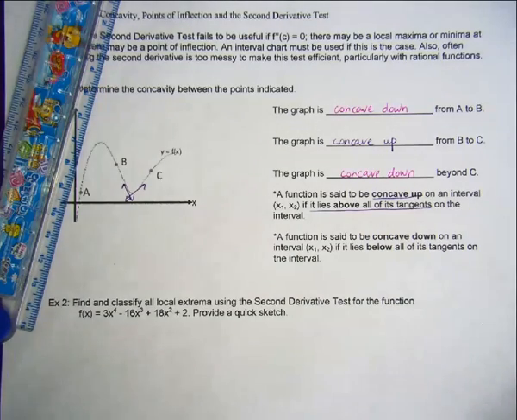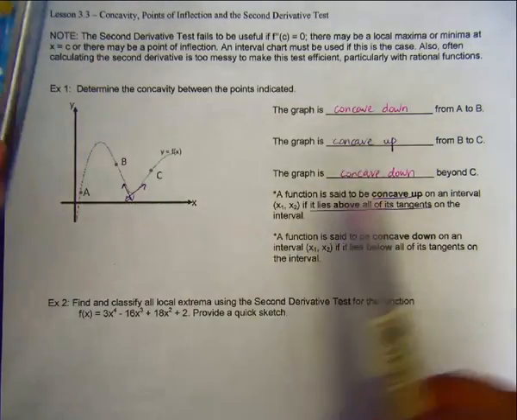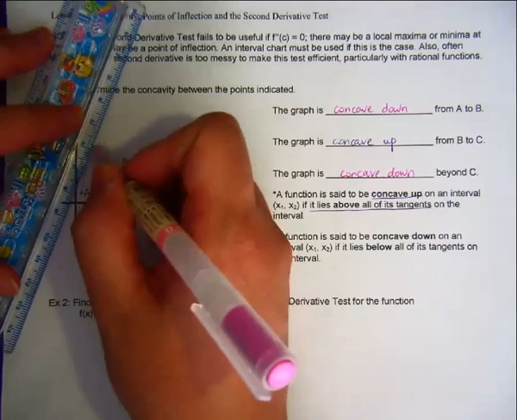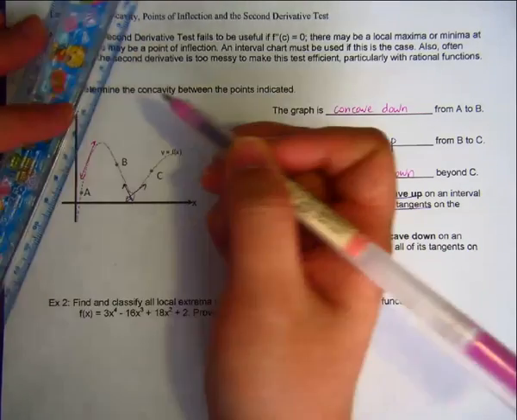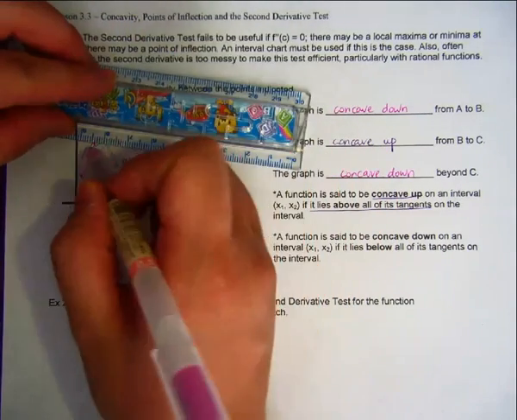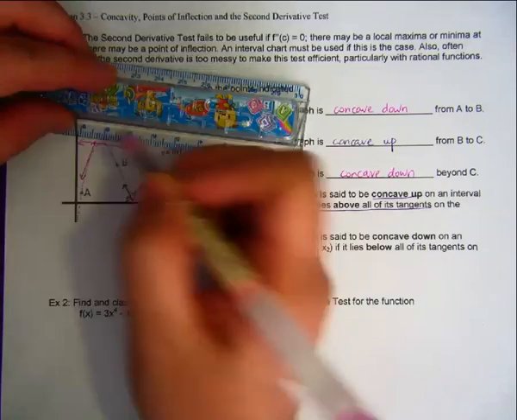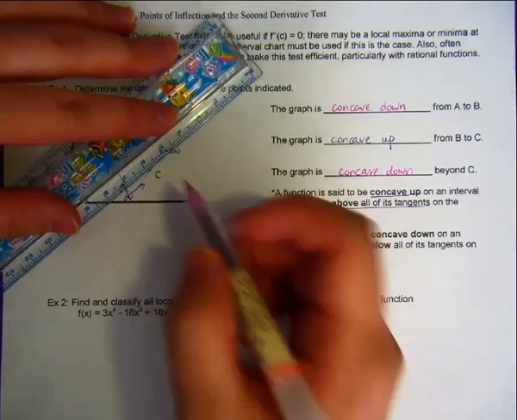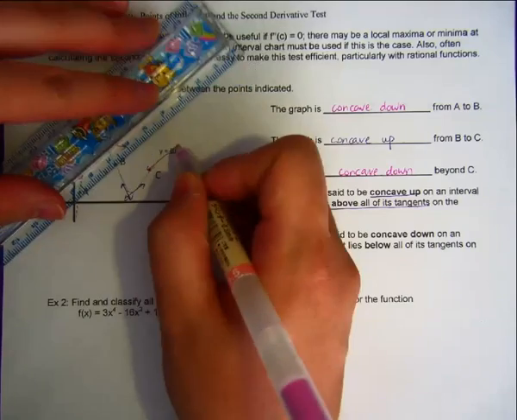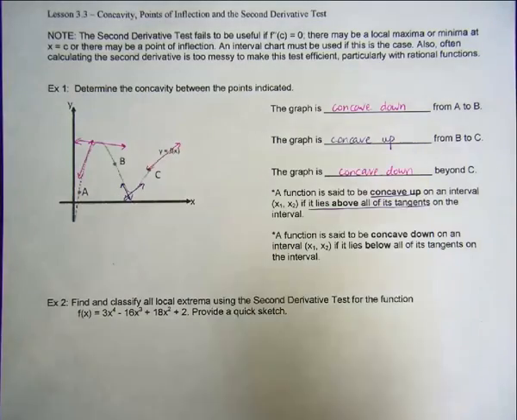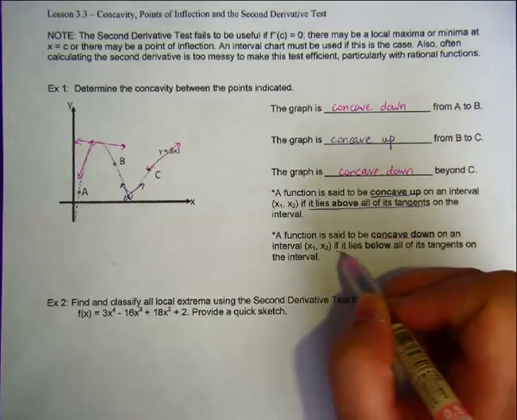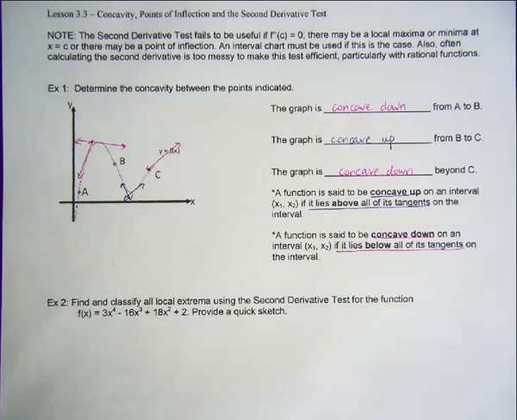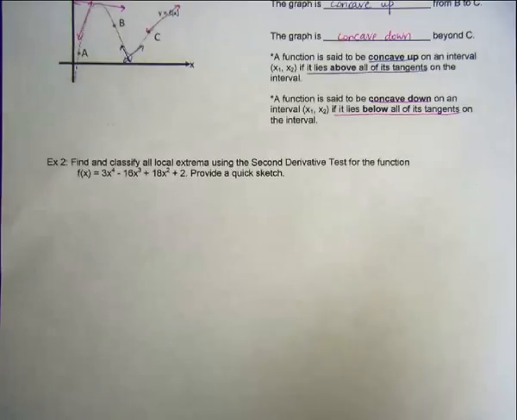And the graph is concave down from points A to B. That means that the tangent line lies above the curve, or the curve lies below the tangent line, however way you want to think about it. Same thing with point C and beyond. Just some definitions.